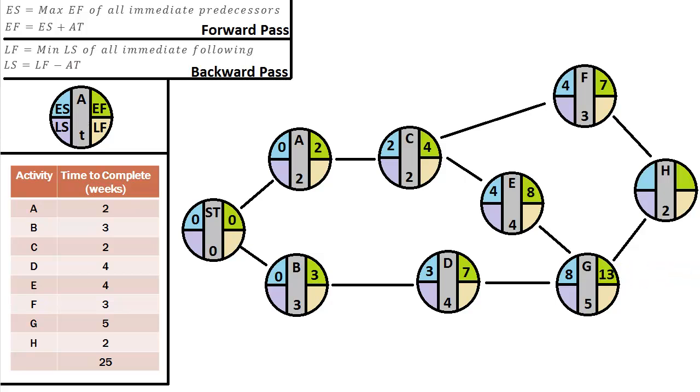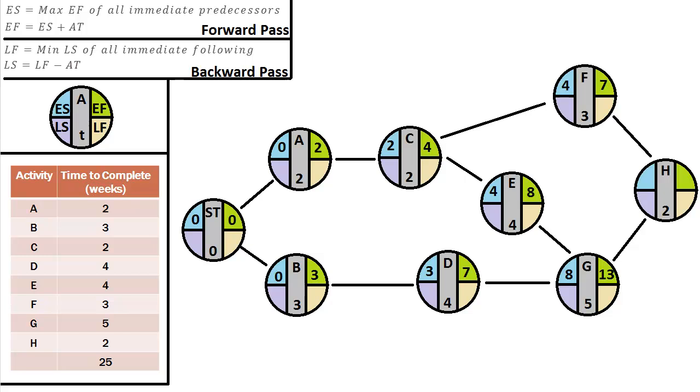And there we go. Now we only have, really, for the forward pass, one more node, and that's our final node of H. So let's go ahead and figure out our earliest start. And remember, our earliest start is just the maximum earliest finish of any predecessor nodes. H has 2 predecessor nodes, F and G, and we look at the earliest finish in each of those, which one's the highest, and we put that in the earliest start for H. So the green regions of F and G, one is 7, the other is 13.